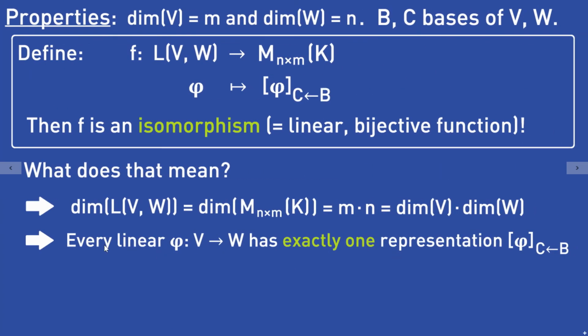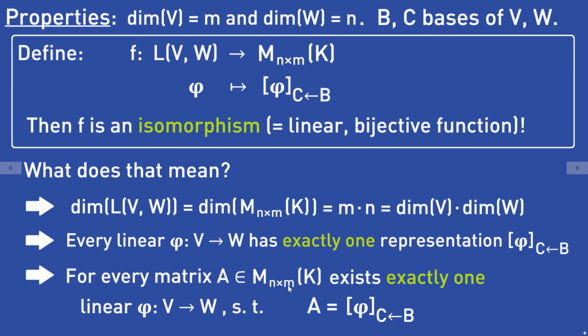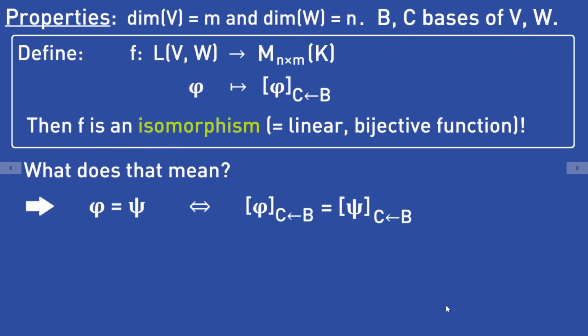Secondly, it means that every linear mapping phi from the space V to the space W has exactly one matrix representation, square bracket phi from B to C. It also means that for every n times m matrix A, there exists exactly one linear mapping phi from the space V to the space W so that A is equal to the matrix representation of phi from B to C. We also have that two linear mappings are the same if and only if their matrix representations with respect to the bases B and C are the same.